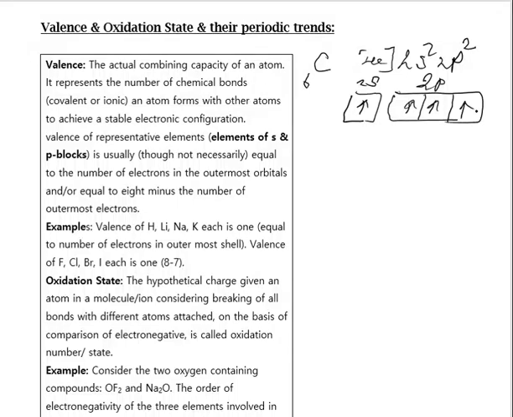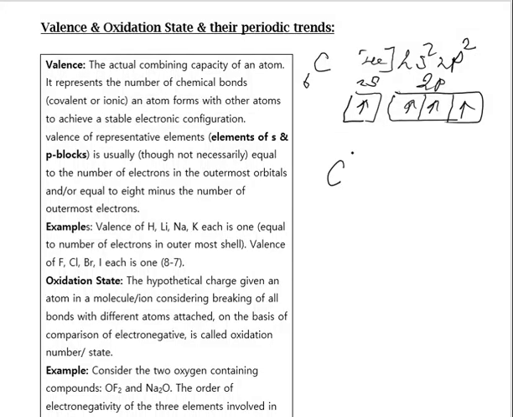So carbon forms 4 bonds, or better to say, since there are 4 electrons in its outermost shell, its valence is equal to the number of electrons in the outermost orbit.